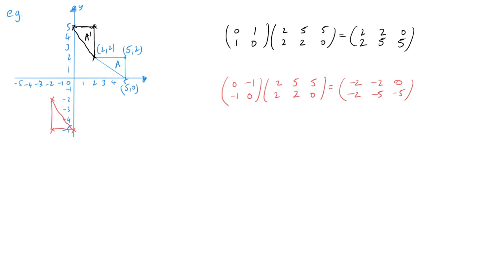Now let's have a look at some rotations. A rotation matrix looks like this: cos theta, sine theta, minus sine theta, cos theta. Okay, so this has an invariant point of (0, 0).